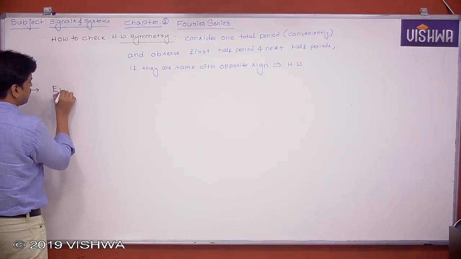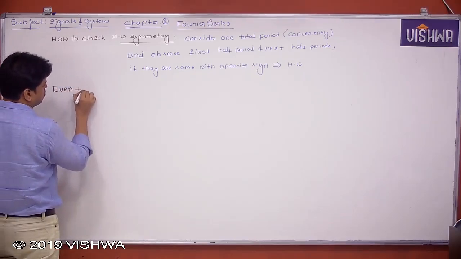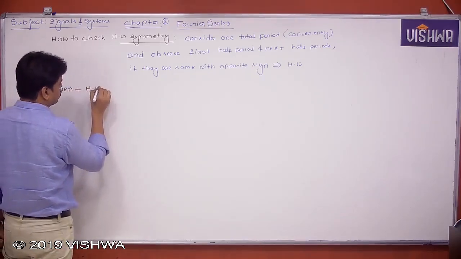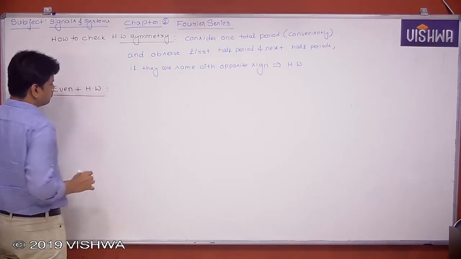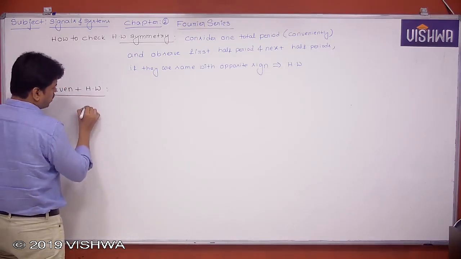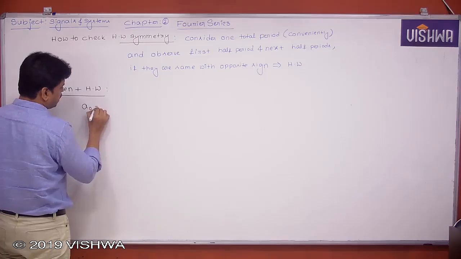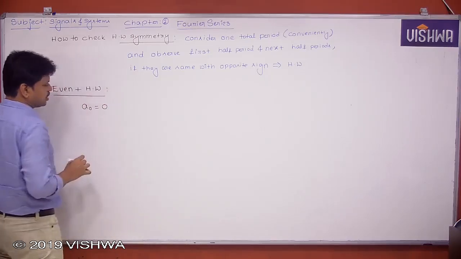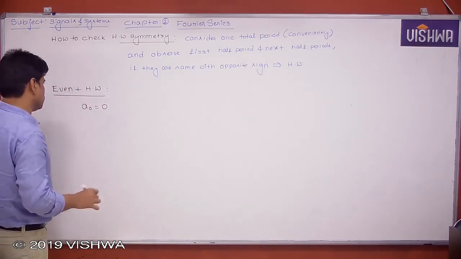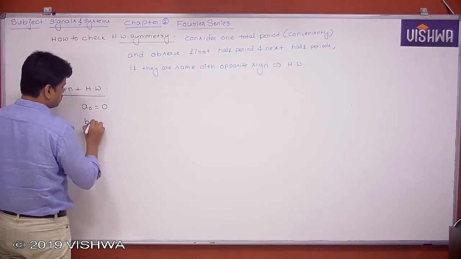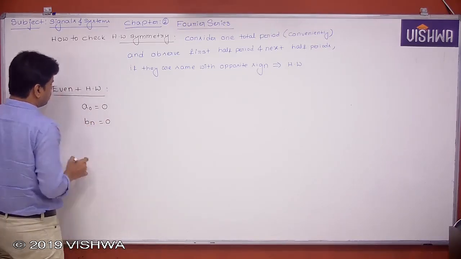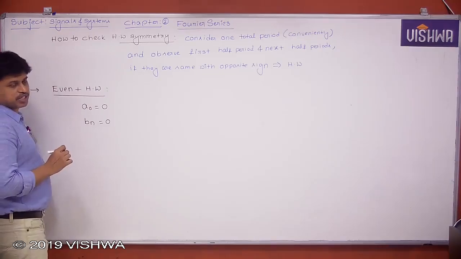Even plus half wave symmetry. Then what kind of things we can observe? First, what about A0? Because it is having half wave symmetry, A0 value is equal to 0. Next, what about Bn? That is also 0. Why? Because it is an even symmetry.